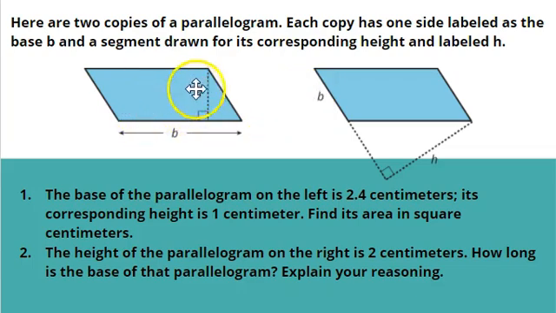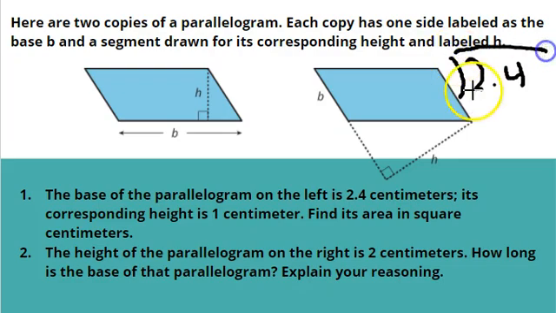Well, if this is 2 4/10 square centimeters, this has to be 2 4/10 square centimeters. So that means that if h is 2 centimeters, then we have to take 2 4/10 and divide it by 2.